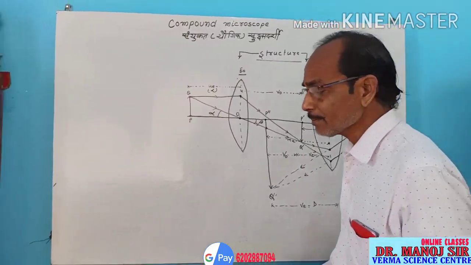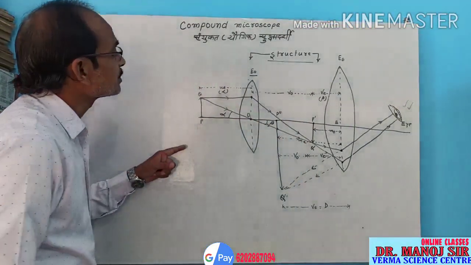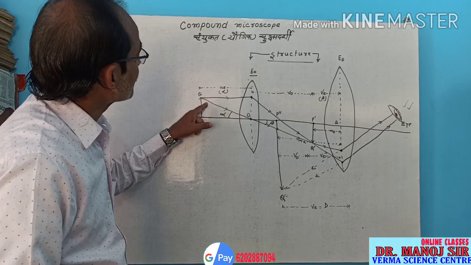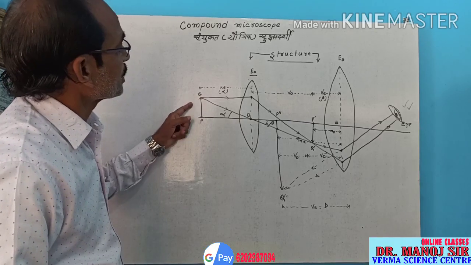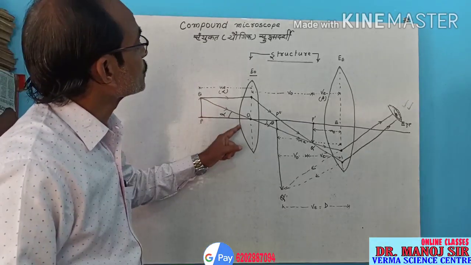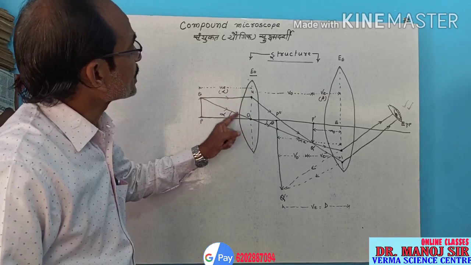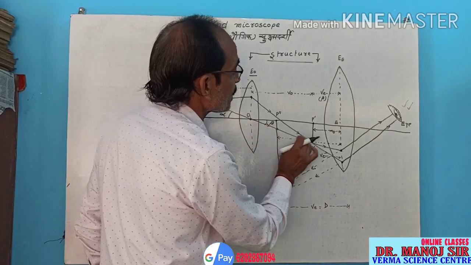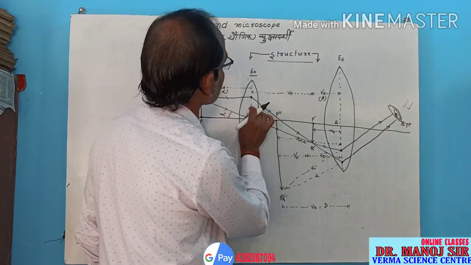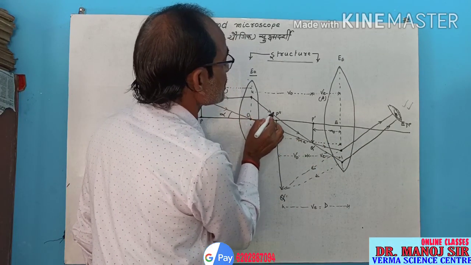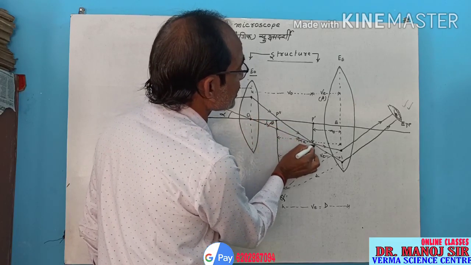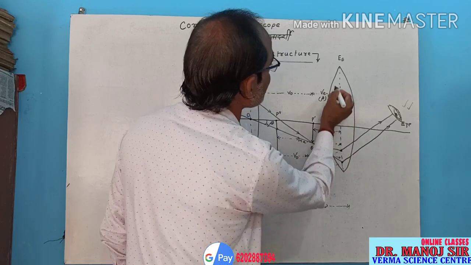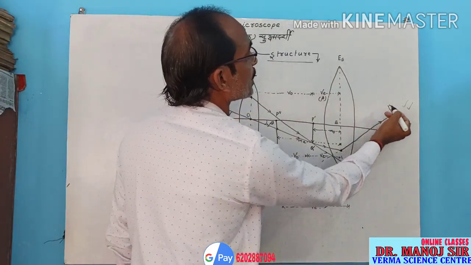Again, the other ray that is incidented from the vertex of the object through the optical center of eyepiece and go forwarded to cut first refracted ray and fall on the eyepiece and go forwarded to the observer.